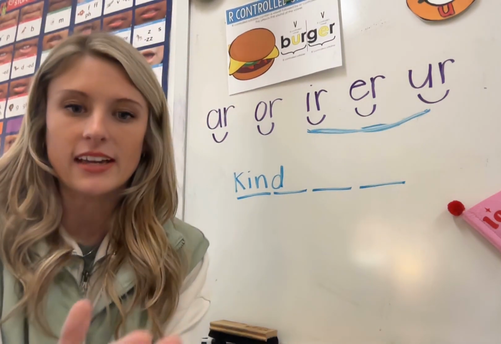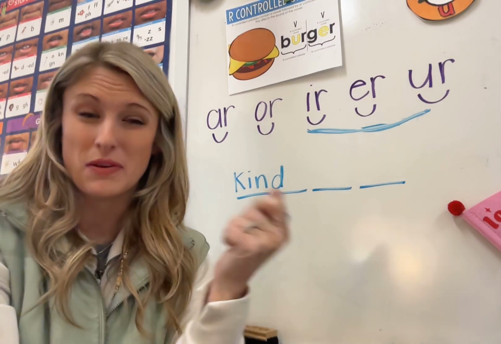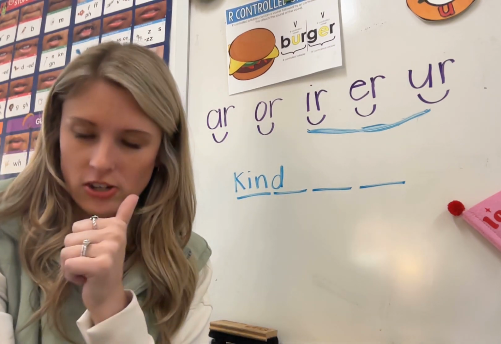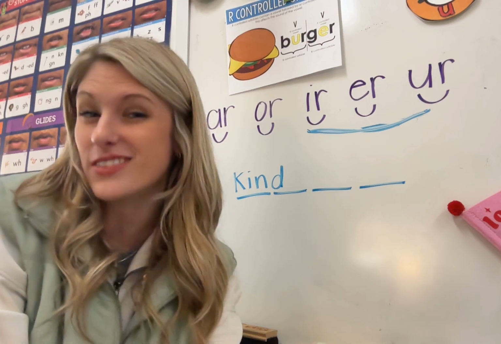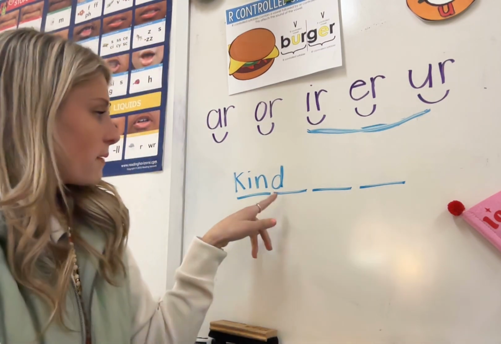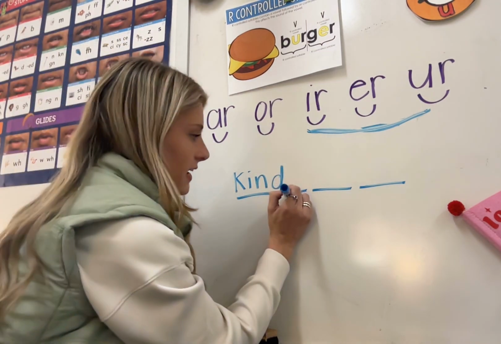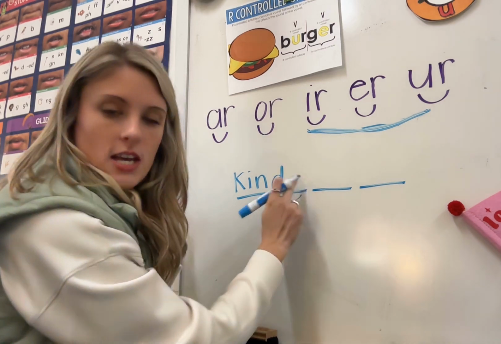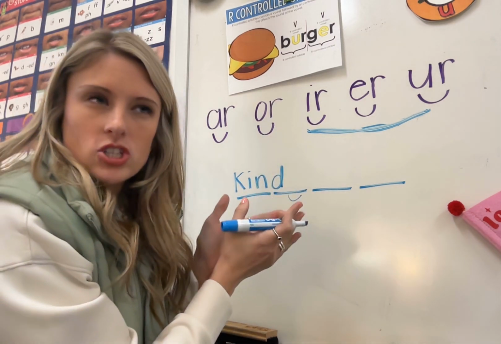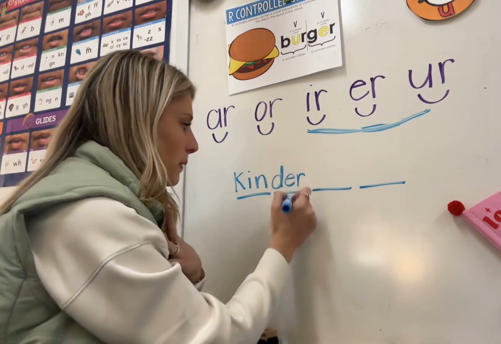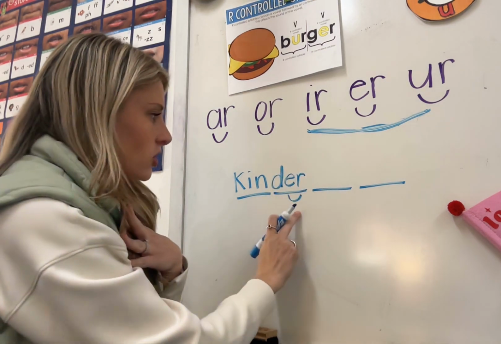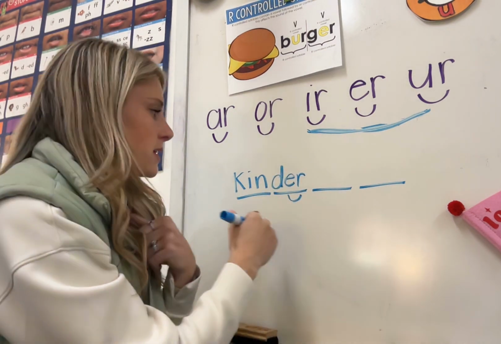So again, I can try the different ones, but also if you've noticed a little bit of a pattern, sparkler, ER was at the end of that syllable, at the end of the word. So I'm noticing right here, I hear this is my end of my syllable for der. So I'm going to go ahead and try ER just because it is at the end of that syllable. And I'm noticing a little pattern with that. Kinder, it looks right. Let's keep going.